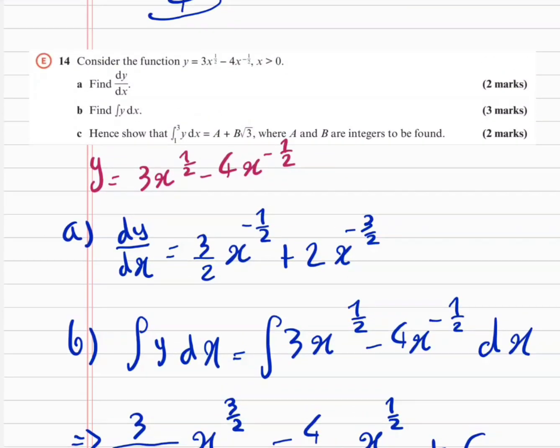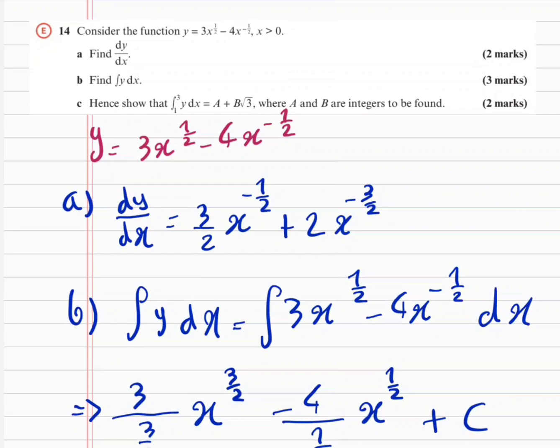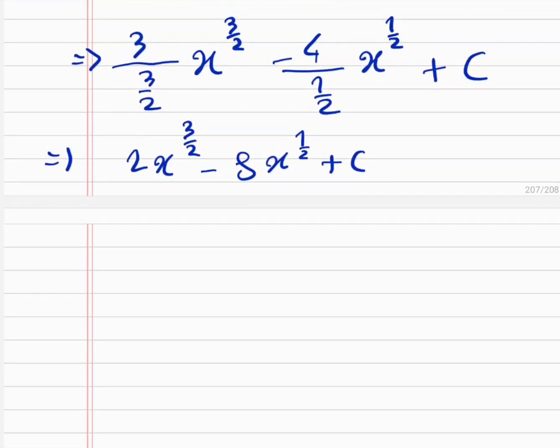Okay, and finally part C, we want to show that if we integrate y, but this time we have limits, between 1 and 3, then the answer is a plus b root 3, and we want to find the values of a and b, which are integers.